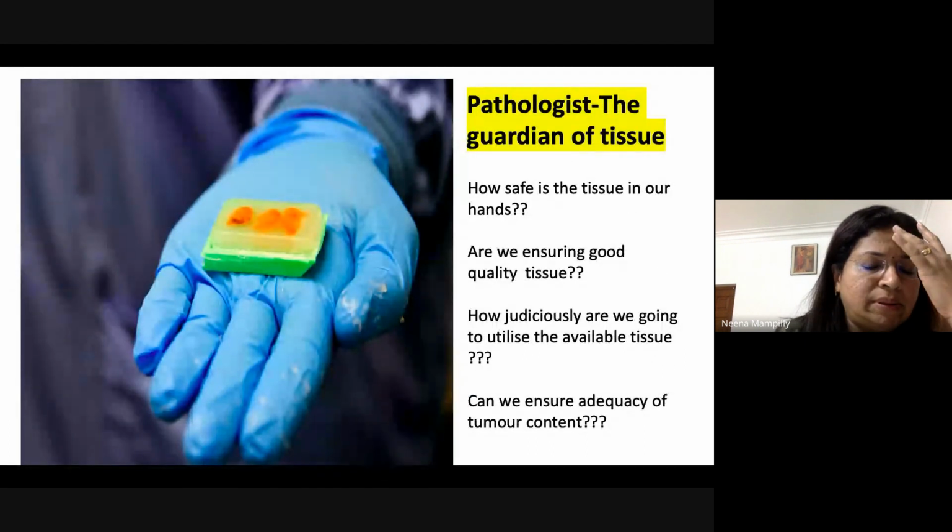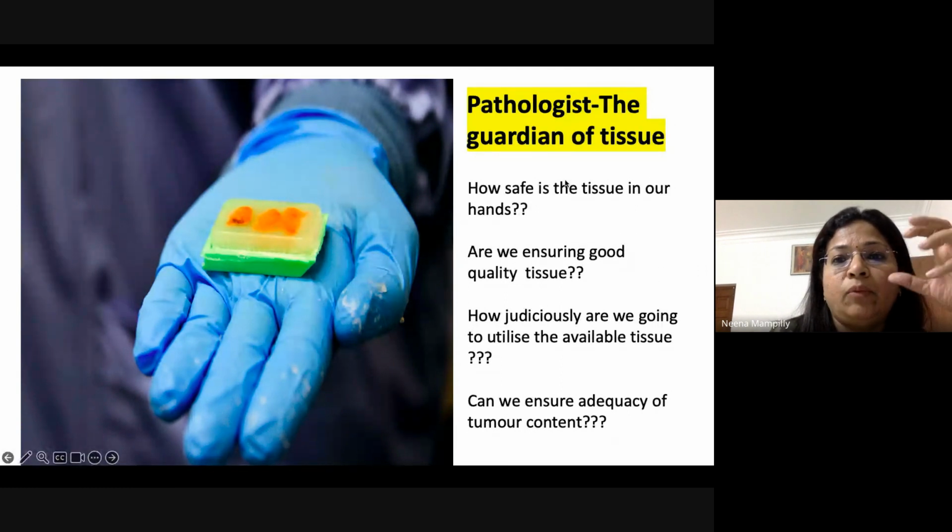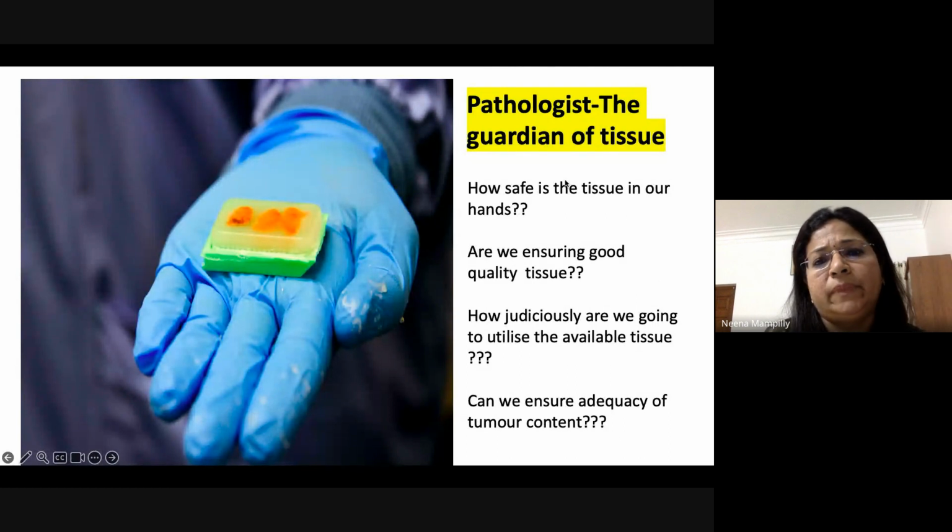Now, this is just an introduction to the biomarker tests that are done in routine cancers. Coming to the main gist of my talk, what is our role now? We need to answer some questions. How safe is the tissue in our hands? Because it is now coming down to tissue.